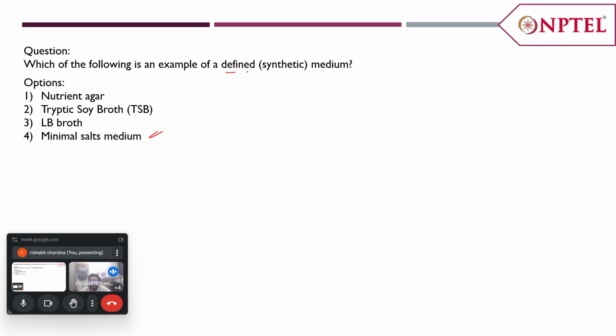So the defined or synthetic medium is the one whose constituents we know. So all the constituents that are present in that particular medium are known. So that is why it is called a defined or a synthetic medium.